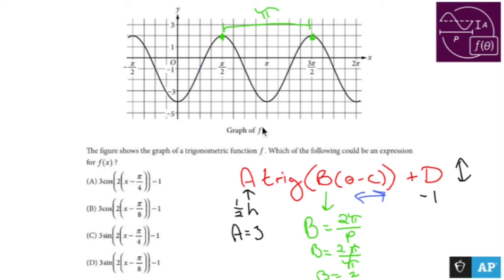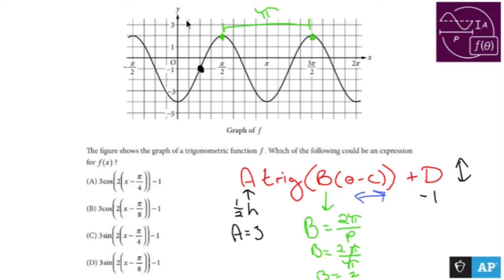So what I have to do now is choose, do I want a sine or a cosine? Let's choose sine, because why not? If it was a sine, this is where I would start.